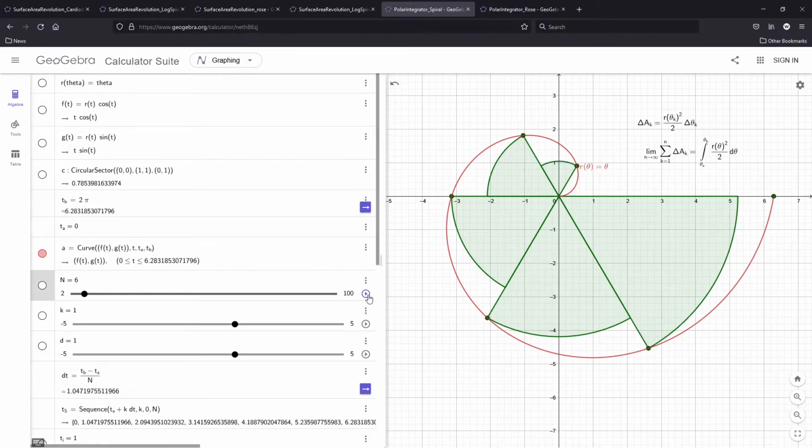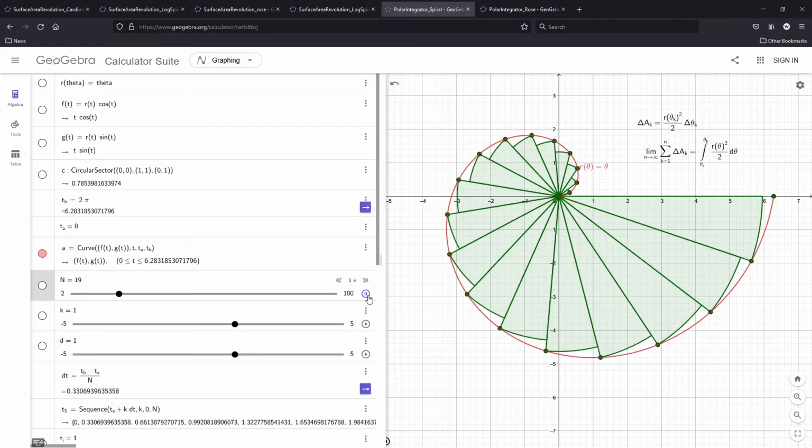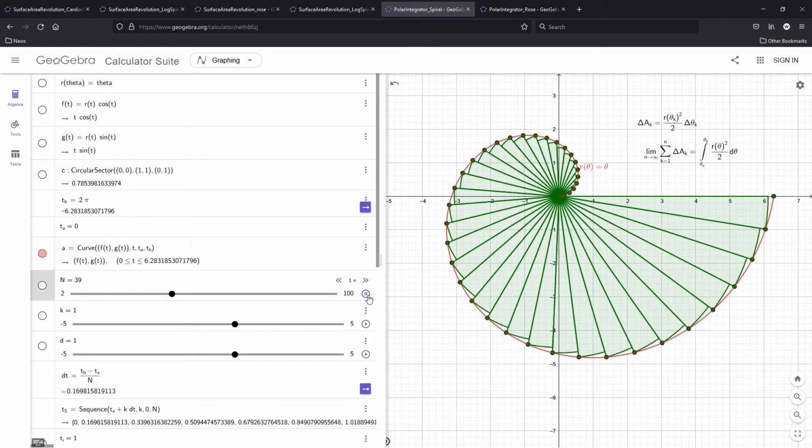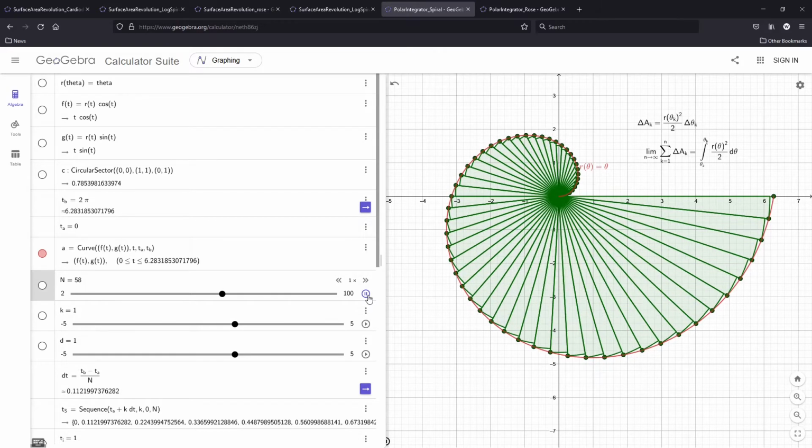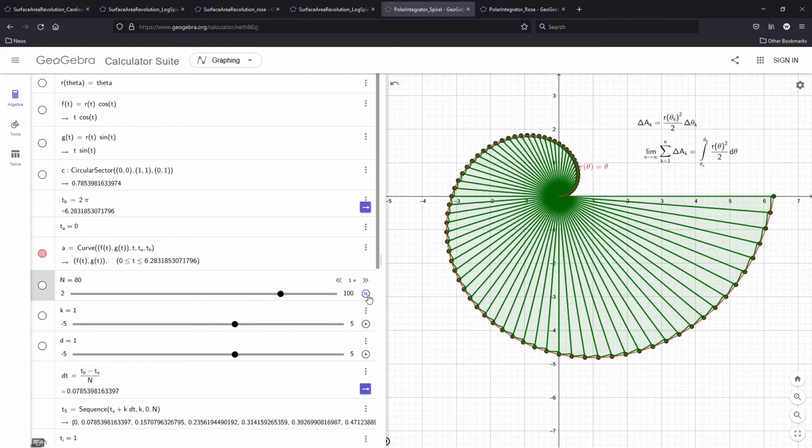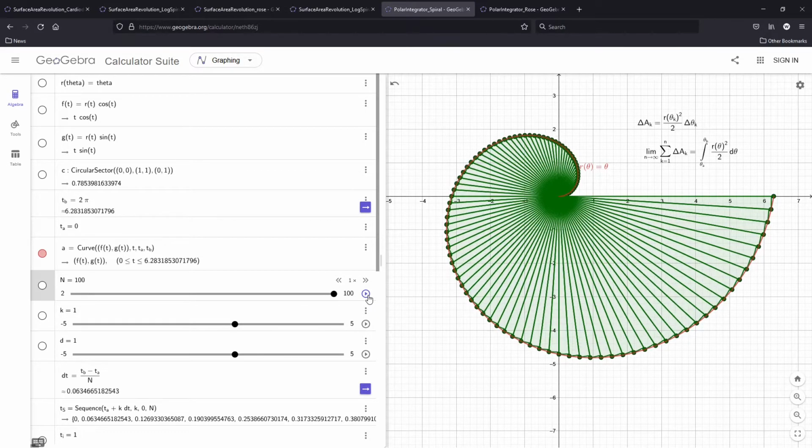But rest assured, when we take this to a much larger value of n, like say 100, this error area, the stuff that we're missing, is getting much, much smaller. And you can clearly see that this is going to 0 as n goes to infinity.